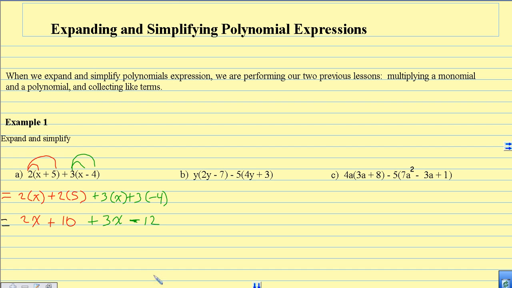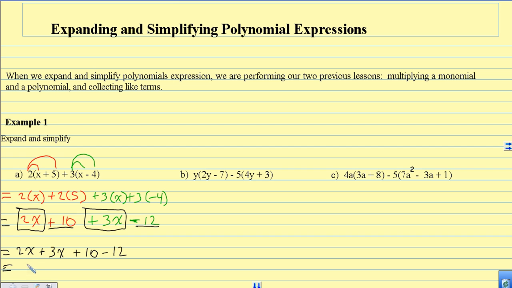Now we have to collect like terms. We have an x term and another x term, so that would become 2x plus 3x, and then we have a plus 10 and a minus 12, which is another like term, so plus 10 minus 12.